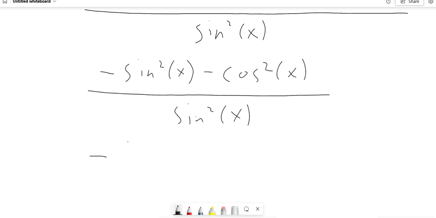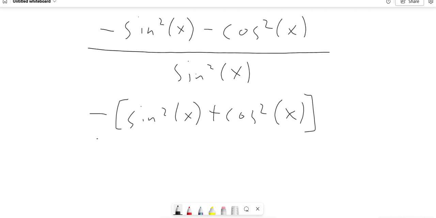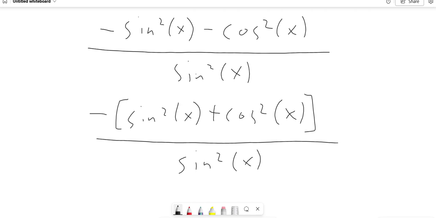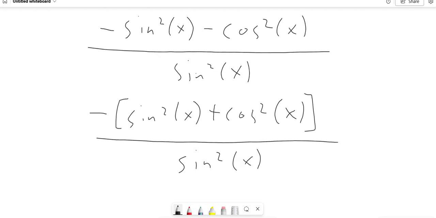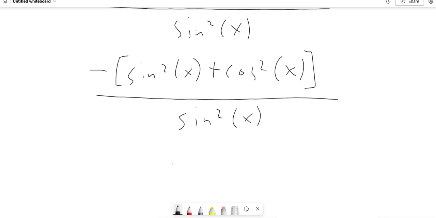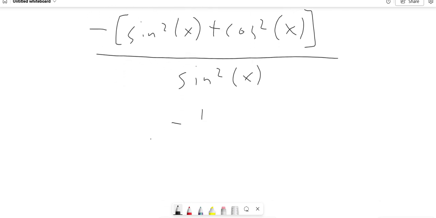So I have negative times the quantity sine squared of x plus cosine squared of x, because I factored out negative from both terms. And this again is all divided by sine squared of x. Well, if you remember your Pythagorean identity from trigonometry, you'll remember that sine squared plus cosine squared is always 1. So we have negative 1 over sine squared of x.